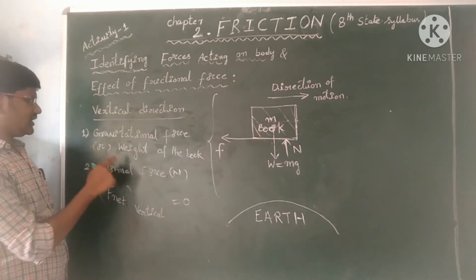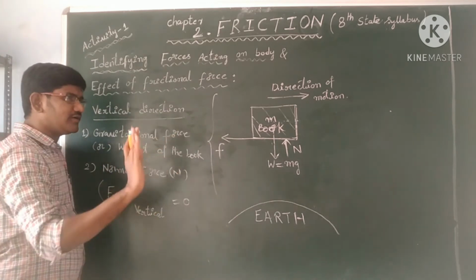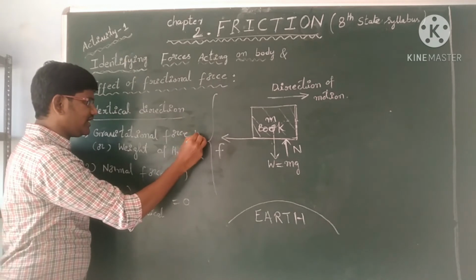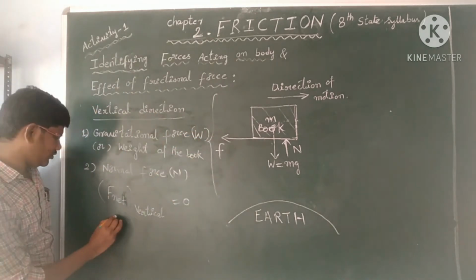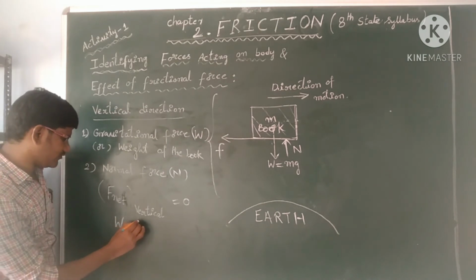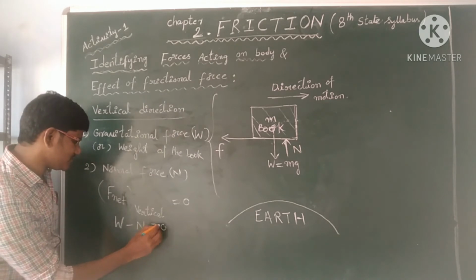Net force in the vertical direction is 0 means the weight of the book W and normal reaction force N balance, so the net force will become 0.